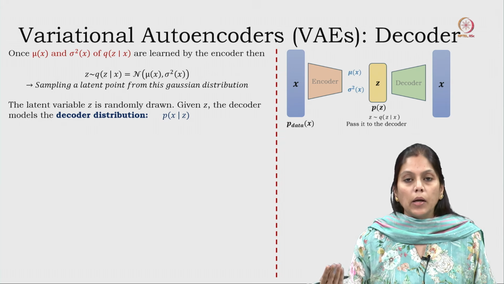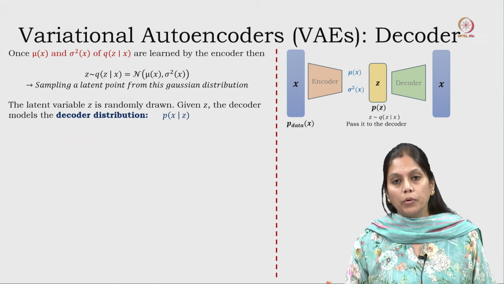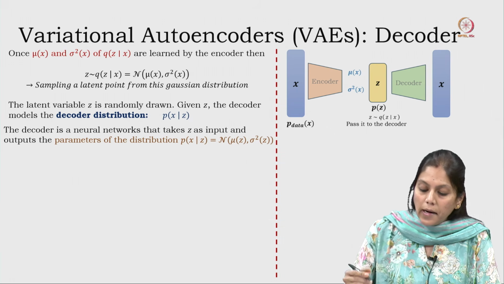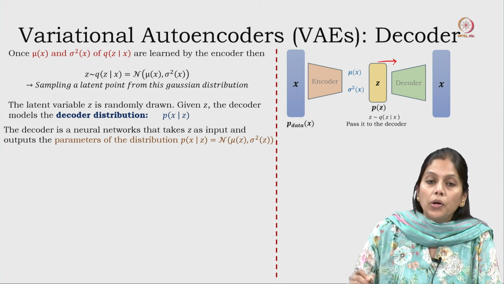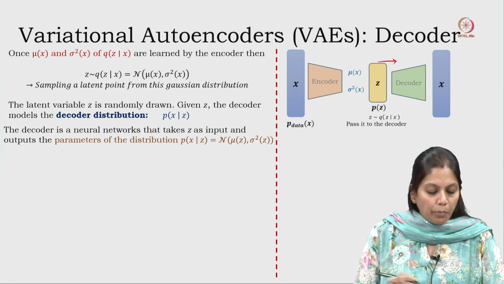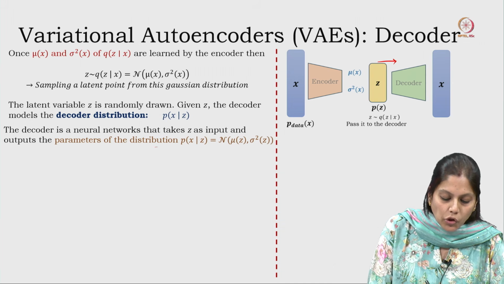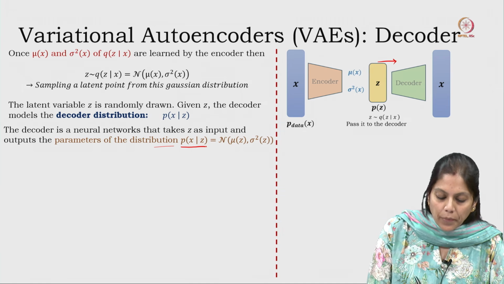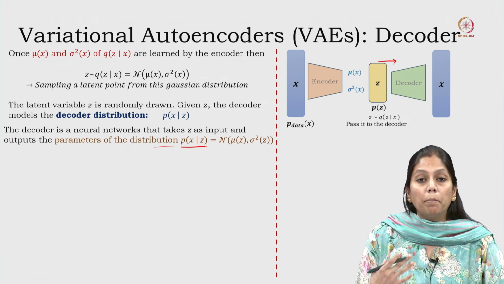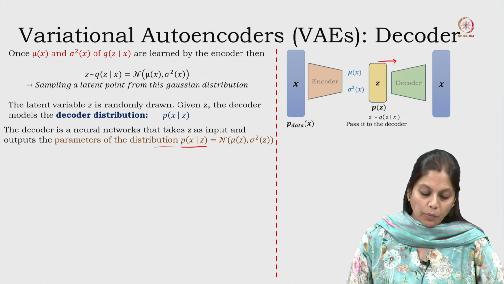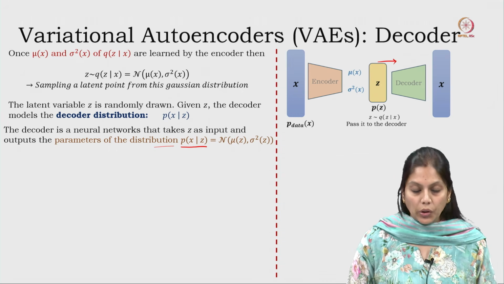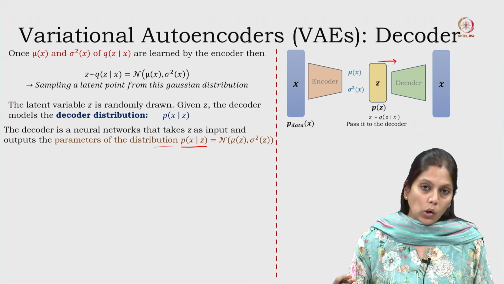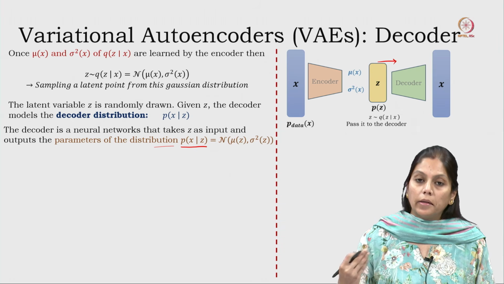The decoder is a neural network which takes z as the input and outputs the parameters of a distribution. Now, what are those parameters? Ultimately, the aim of a decoder is to reconstruct the data.